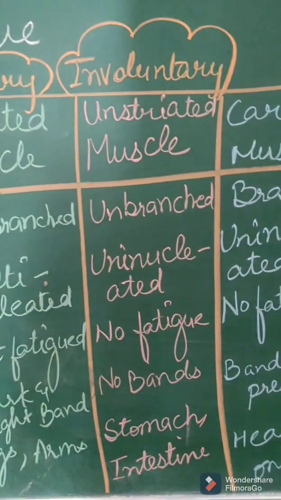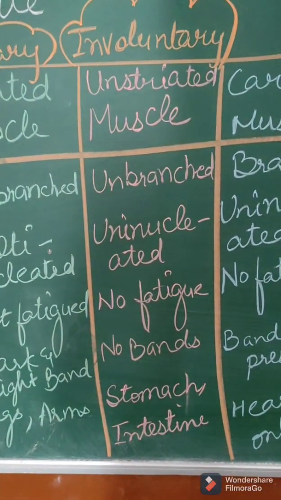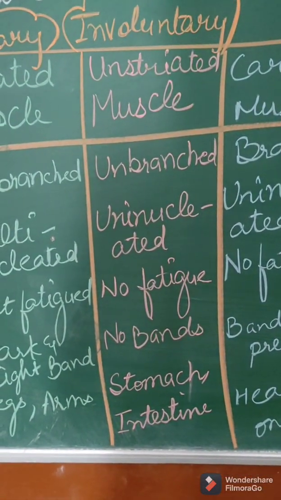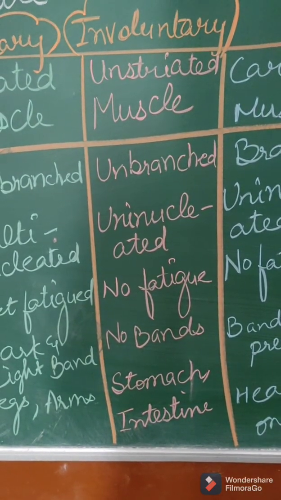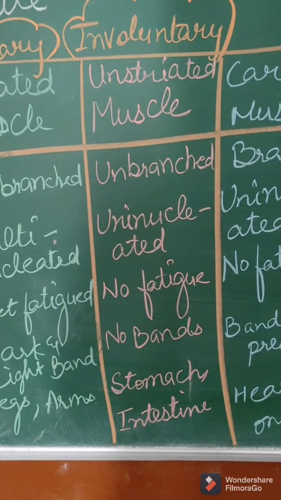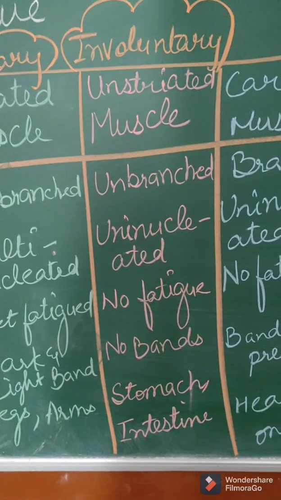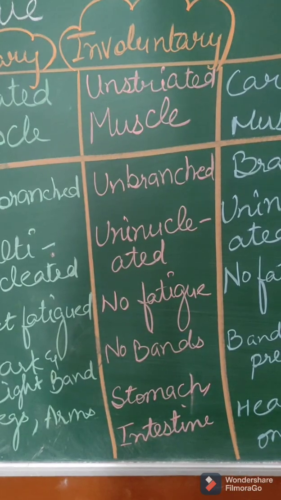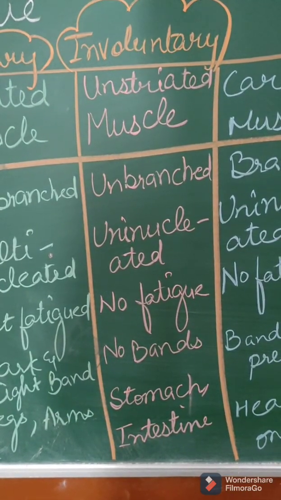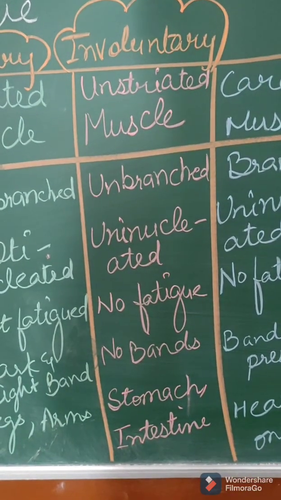Alright? Similarly, unstriated, these are known as involuntary. Look at the example. Stomach, intestine. These muscles are present in the walls of stomach and intestine, and these are involuntary. That means they don't work according to your will. They are continuously working without our will.